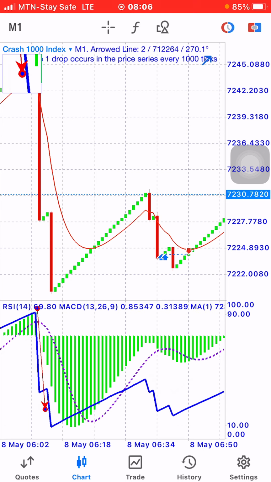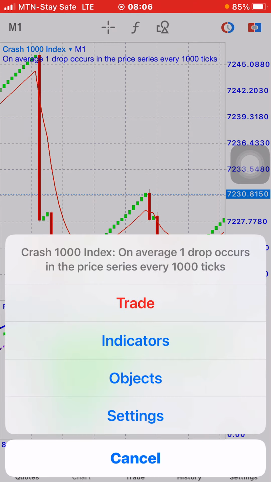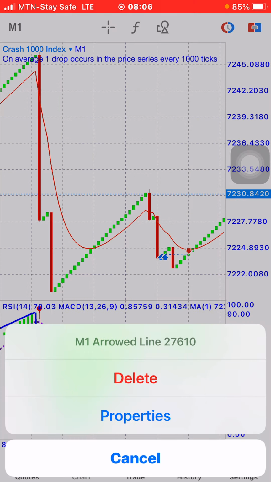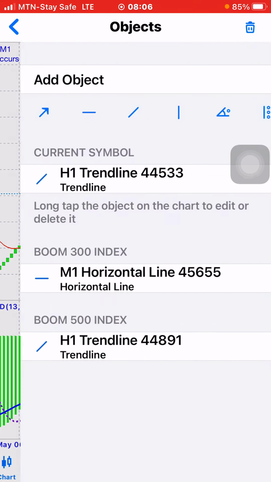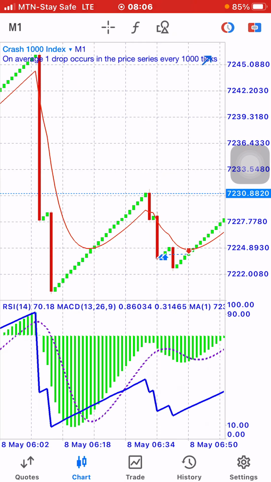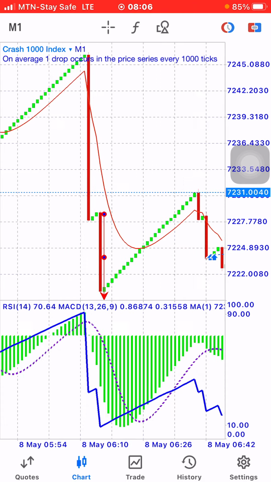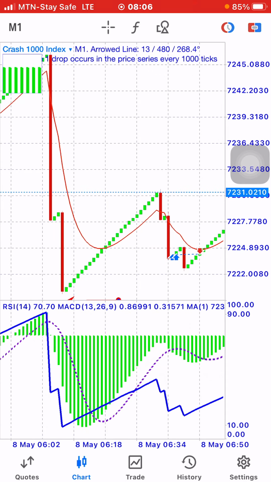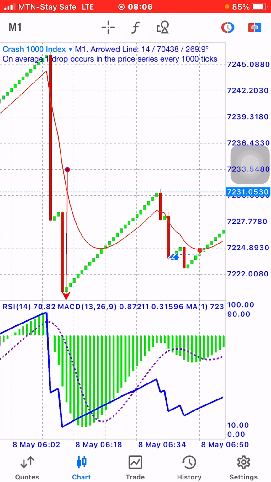Now this blue line, you have to measure where the spike occurred, and look downward.